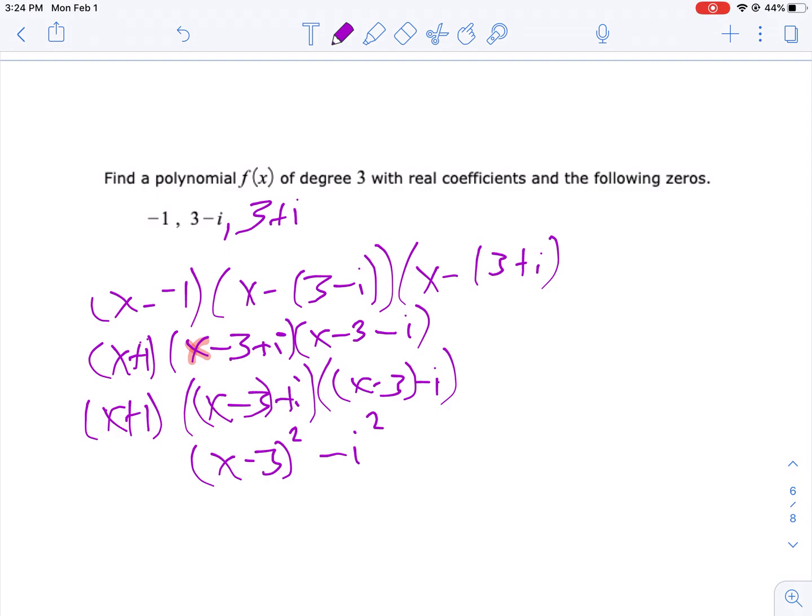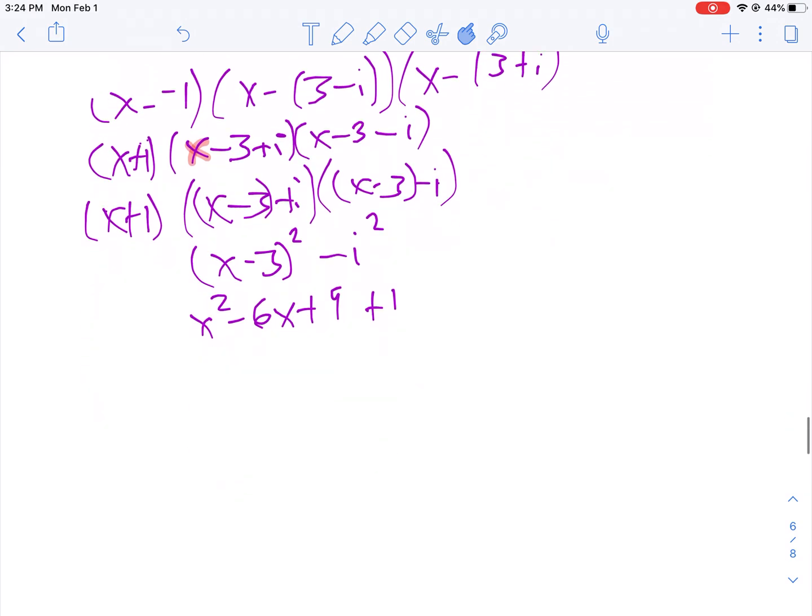Well, x minus 3 squared, that's x squared minus 6x plus 9. And then when I square i, that i squared is -1, so I've actually got plus 1. So now this simplifies to x squared minus 6x plus 10.